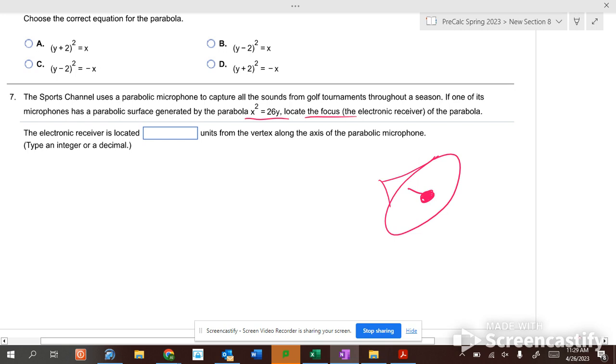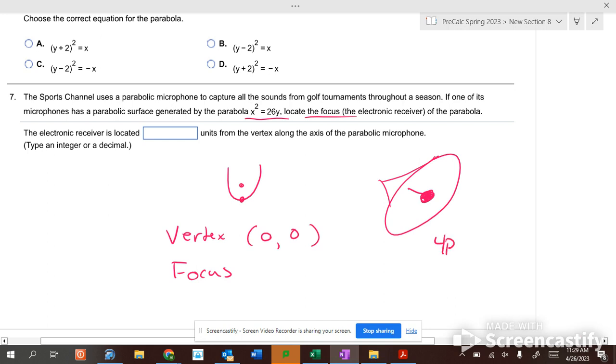So, we're just going to make an up-down parabola here. So the parabola is going to look like that because x is squared. Okay? What's the vertex? 0, 0. Okay? So our focus is what we're after because that's where they're going to put the receiver. Where's our focus going to be at? Well, what is your p going to be?